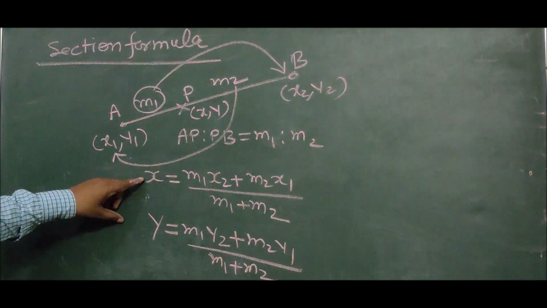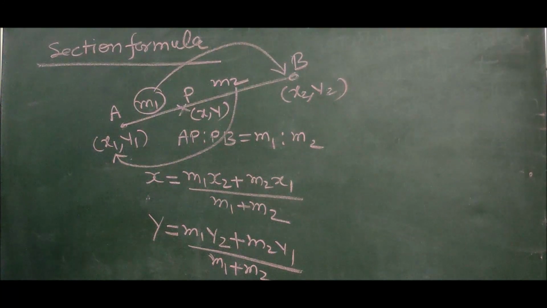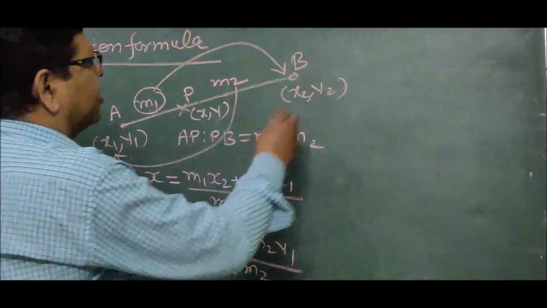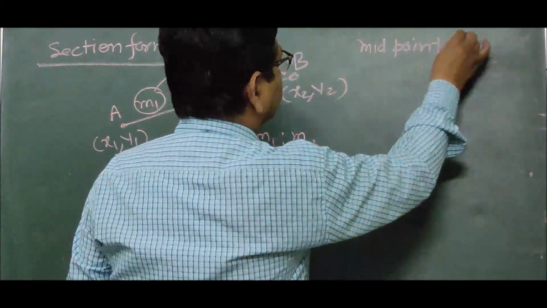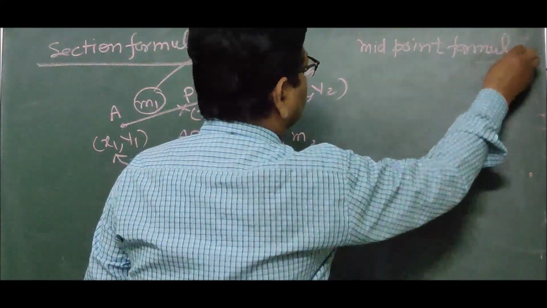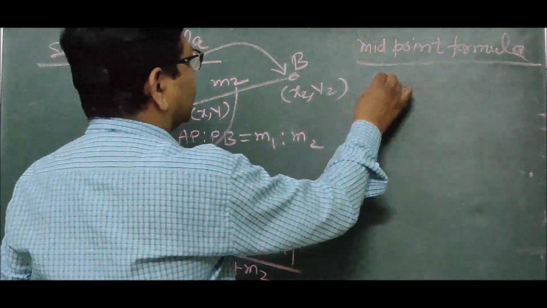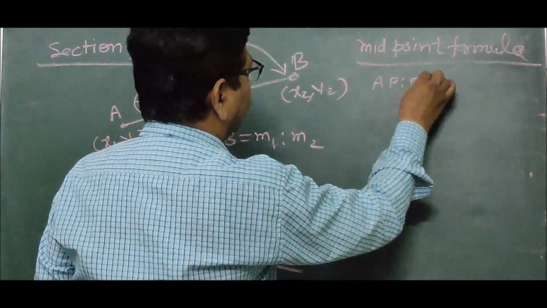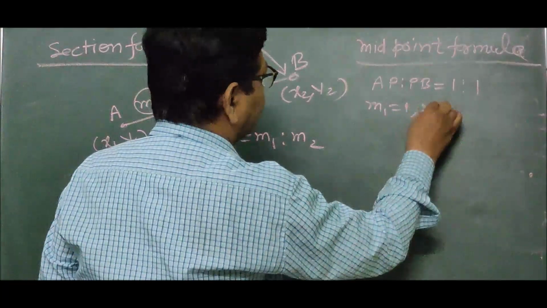So this formula is known as the coordinates of an internal point which divides the line segment AB in the ratio m1 is to m2. Now if P is the midpoint, midpoint formula: P is the midpoint of AB, that is AP ratio PB is equal to 1:1, that is m1 is 1 and m2 is 1.